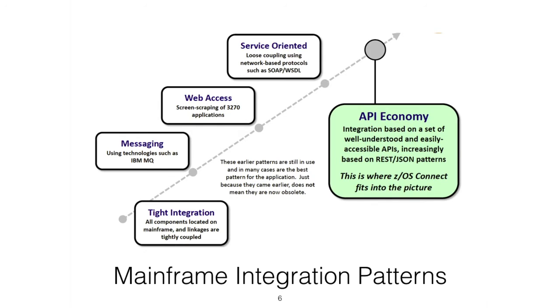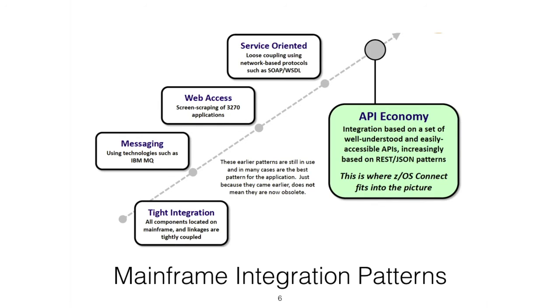What has happened is that at a certain point, service-oriented architecture came into vogue. At that point, most of the integration was handled by exposing web services and integrating the web services with an ESB. There are a lot of products like TIBCO that have mainframe adapters that allow you to pull data from CICS or IMS, transform it, and then send it over on the ESB to whatever app is running on the other endpoint.